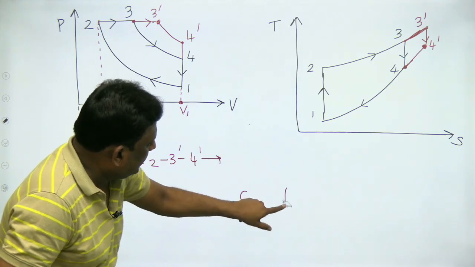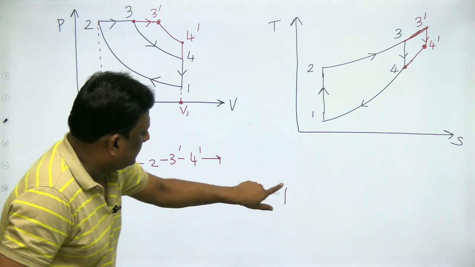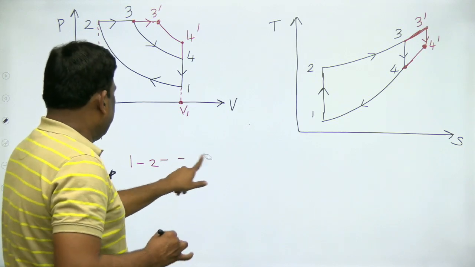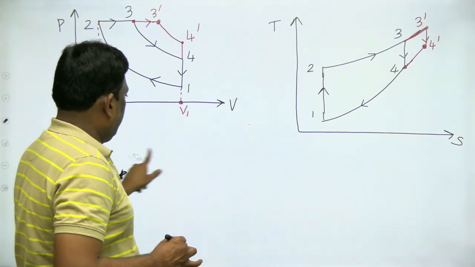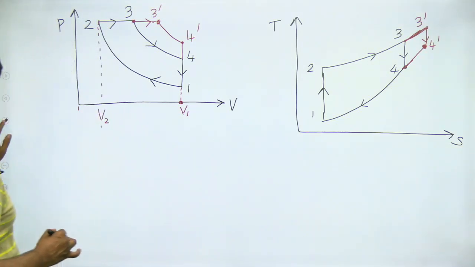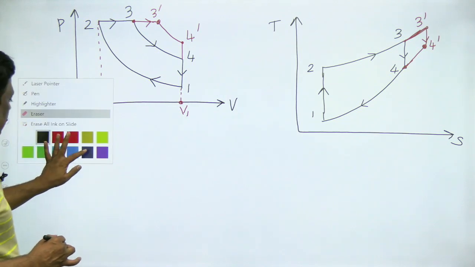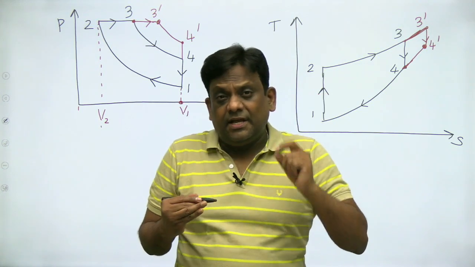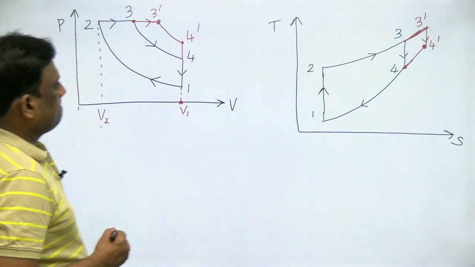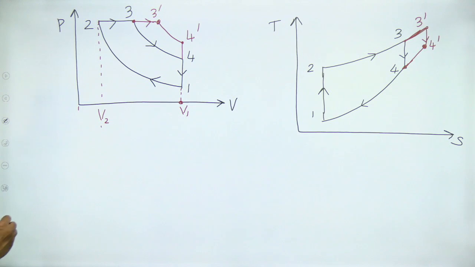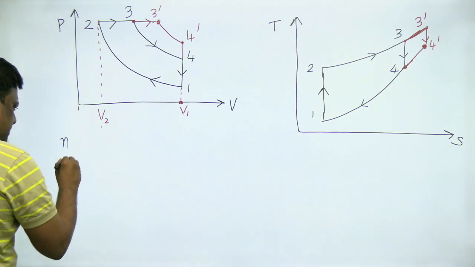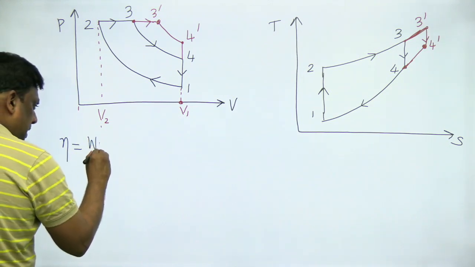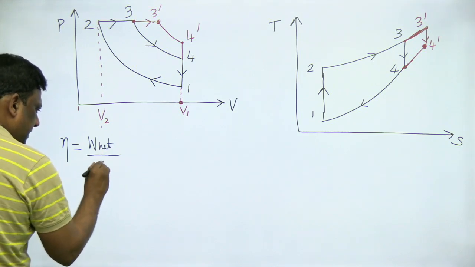You know that on TS diagram, area under the curve represents heat transfer. Now look, understand carefully. Efficiency is equal to net work by heat supply.